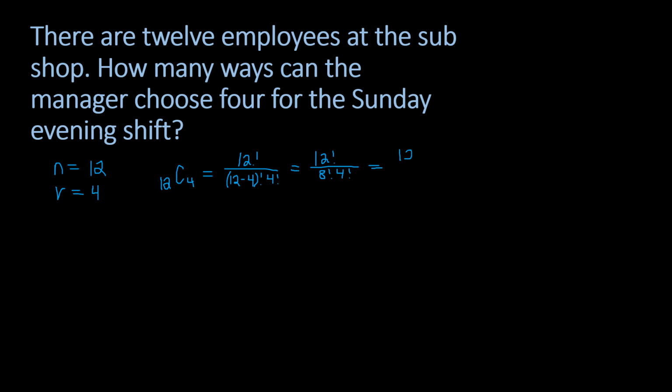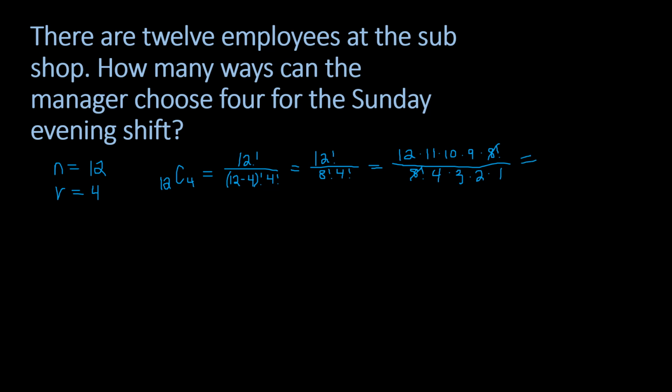So 12 all the way down to 8. 12, 11, 10, 9, 8. Okay? So that's going to cancel out 8 factorial. I'm going to go ahead and cancel those out. But now this 4 factorial right here is not gone. So we have to write out 4 times 3 times 2 times 1 on the bottom.